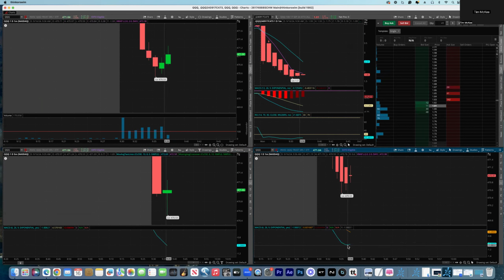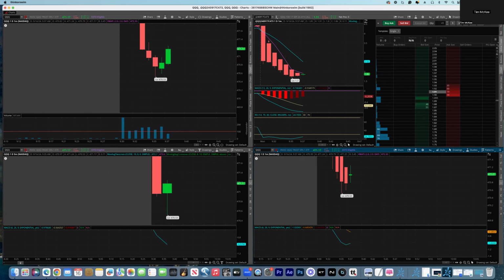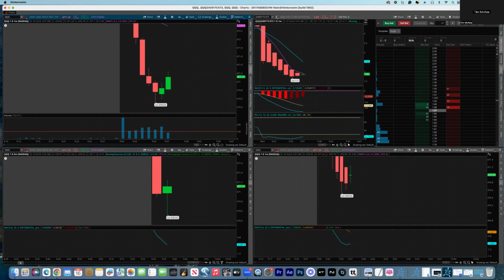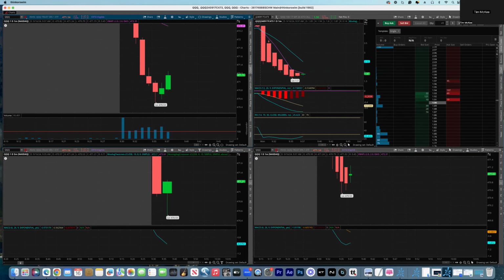It's getting a nice turnaround. We just want to make sure this is a true reversal before we get into it. That is, we let it run a little bit longer. All right, 471 on the call side.